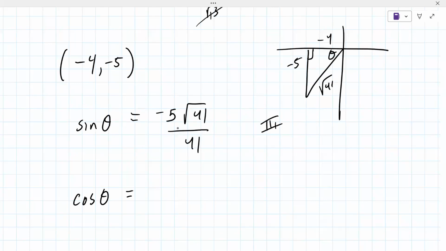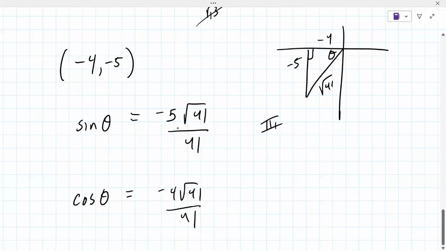Oh, okay. So that may change your answer for cosine, or it should. Yeah, that would be -4 root 41 over 41.